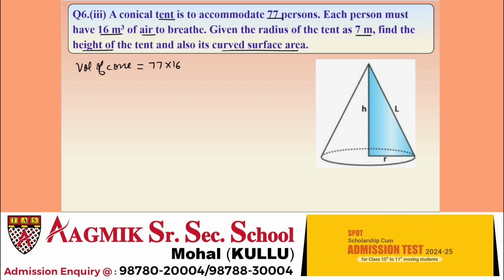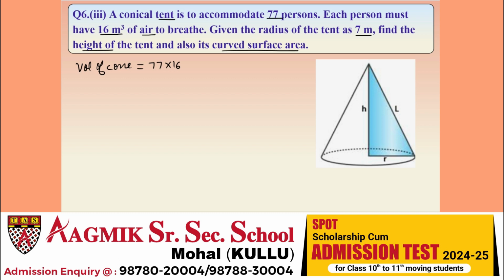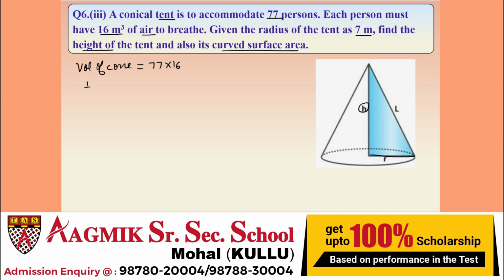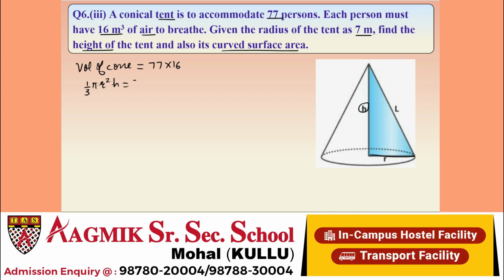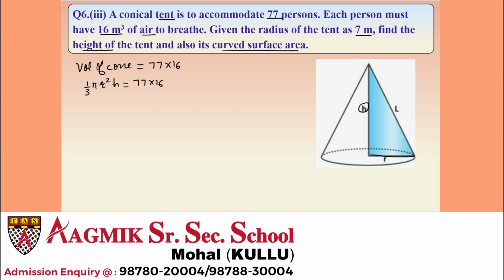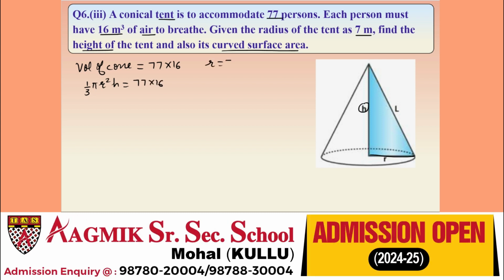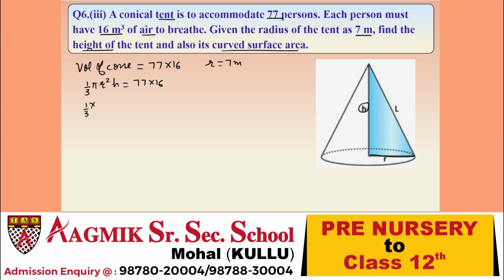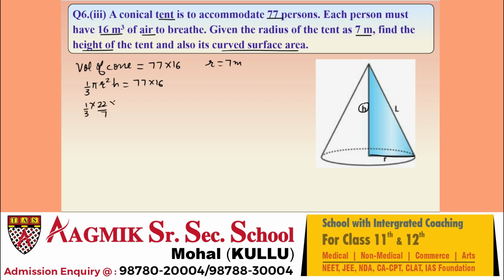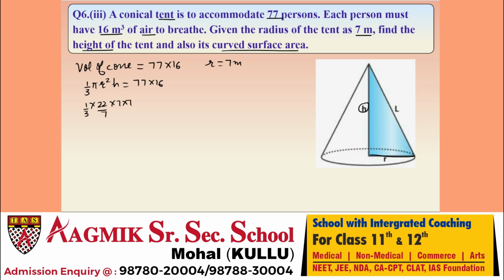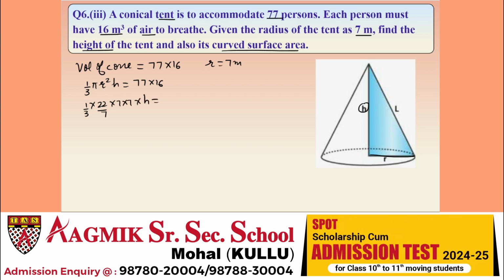If r is the radius of the cone and h is the height, we know that the volume is given by 1 by 3 pi r square h. So this is 77 into 16. You are given the radius as 7 meters, so let us plug in. We have 1 by 3 into 22 by 7 into 7 into 7 times h is equal to 77 times 16.